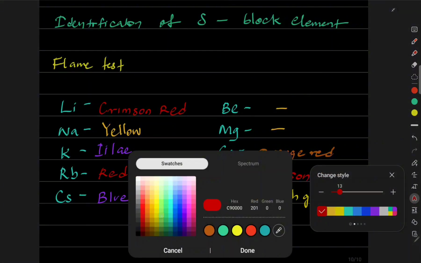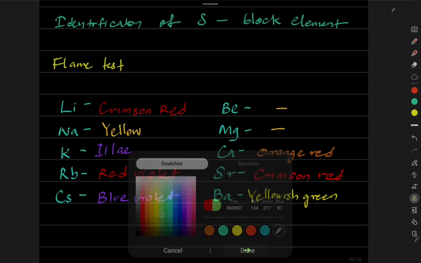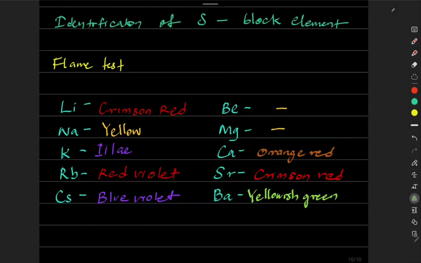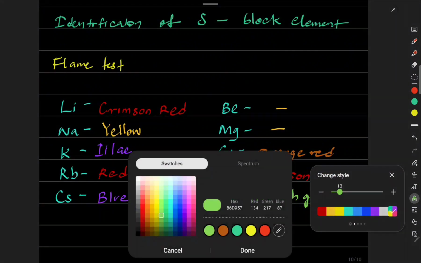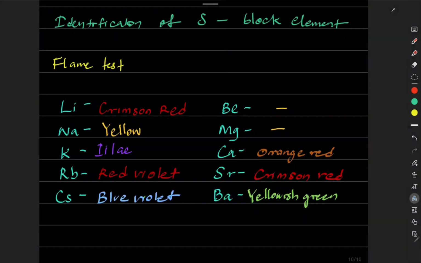This is yellowish green. Let's check for blue violet. Okay, blue violet. This is red violet.